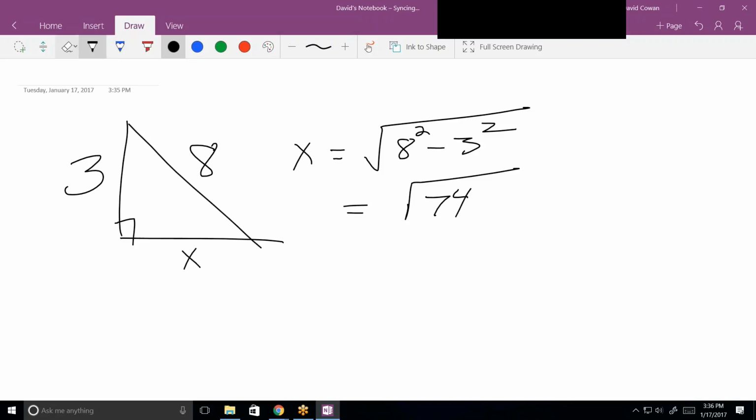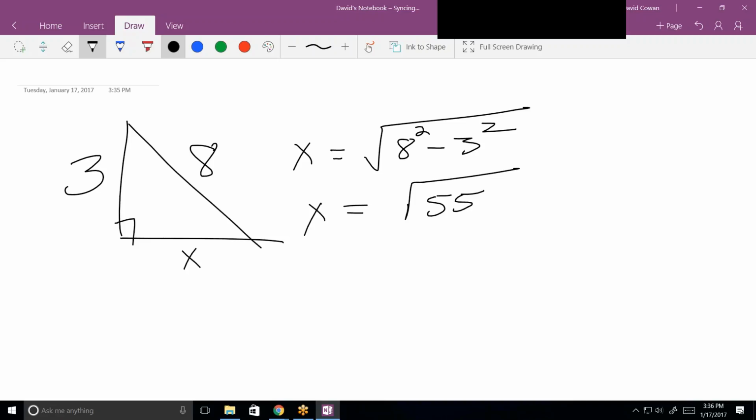Excuse me, not 74. What am I thinking? 8 squared is 64 minus 9. It's 55. And that can't really be simplified.